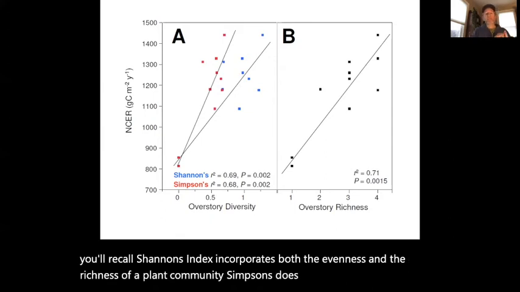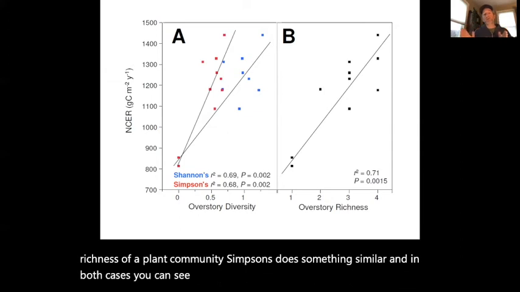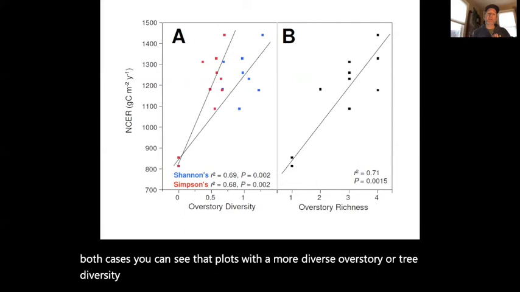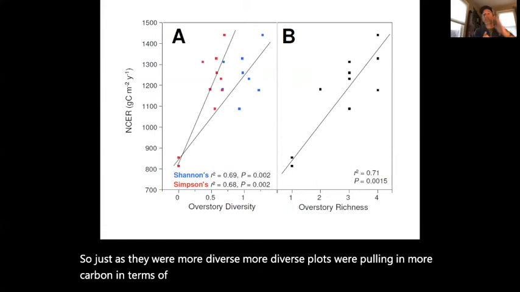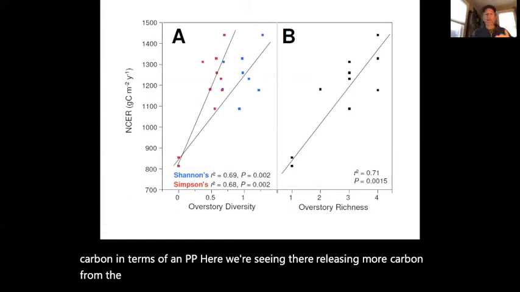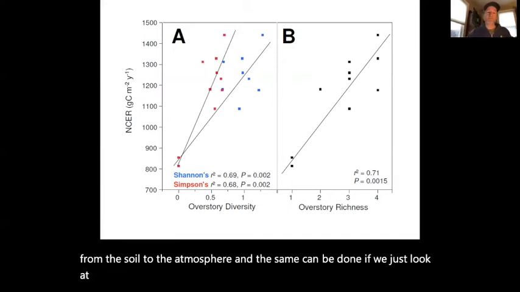And in both cases, you can see that plots with a more diverse overstory or tree diversity have tended to have higher soil CO2 efflux rates. So just as the more diverse plots were pulling in more carbon in terms of ANPP, here we're seeing they're releasing more carbon from the soil to the atmosphere. And the same can be done if we just look at overstory plant richness.